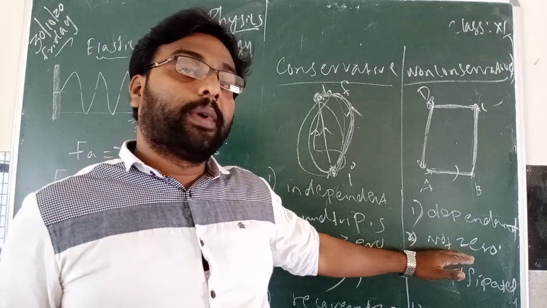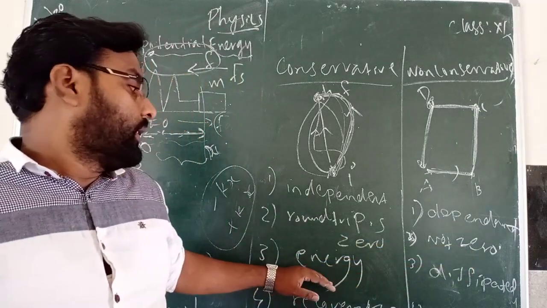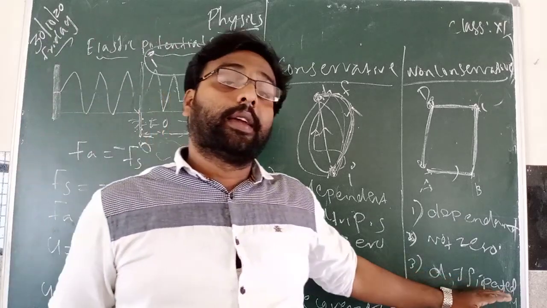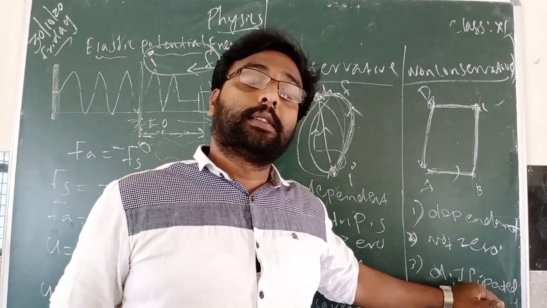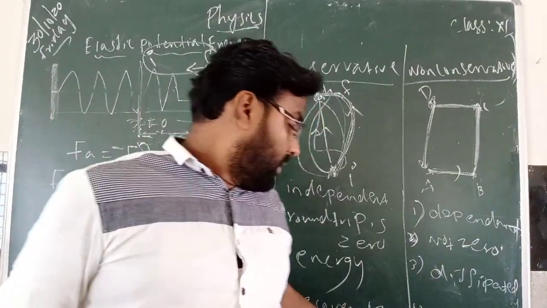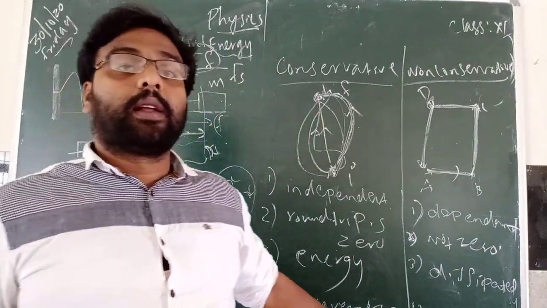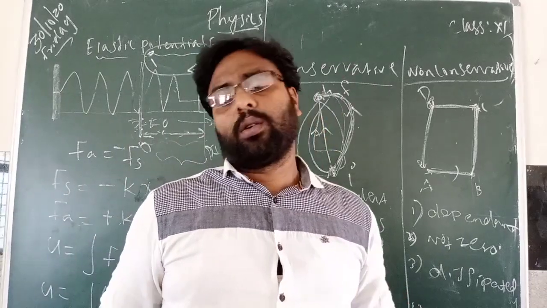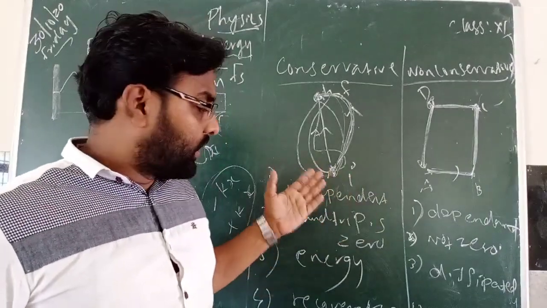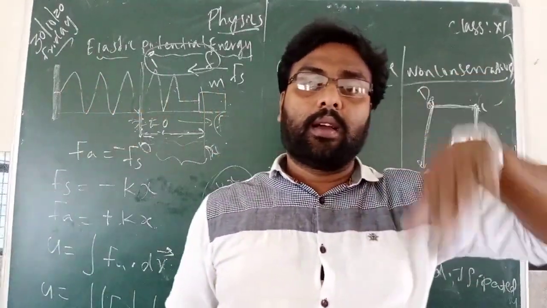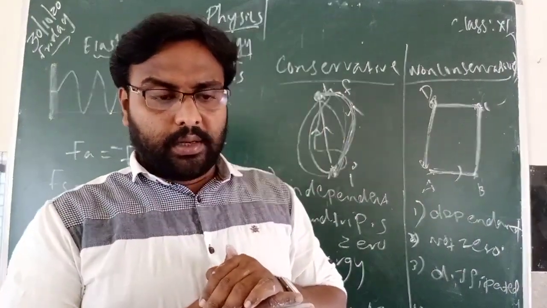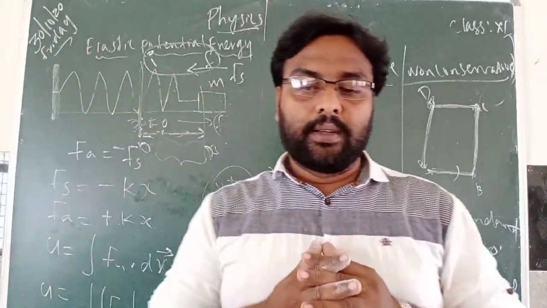Work done in a round trip is 0, here it is not 0. Here total energy is conserved, constant, and here total energy is dissipated as heat energy. Work done can be completely recoverable, here not completely recoverable. And the last one: force can be put as the negative gradient, but there we cannot. This is the difference, page number 4.3.